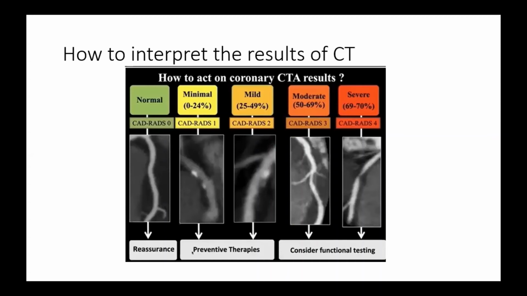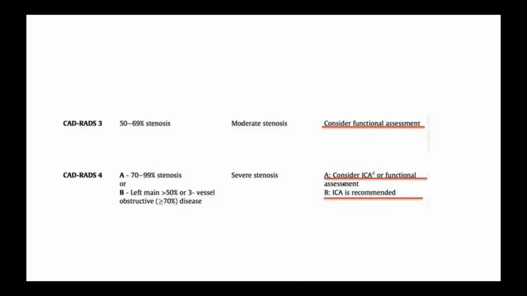And the same applies as I discussed before, for example with the exercise ECG. Whenever you have a moderate test result, then you need to assess further. If it is low or high, it is easy to deal with. If it is in the moderate range, then you need to further assess the patient. And this applies in CAD-RADS 3, where those people you will consider for functional assessment, either sending them for MBI or exercise test.